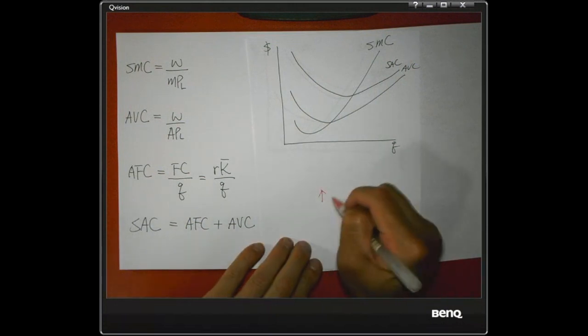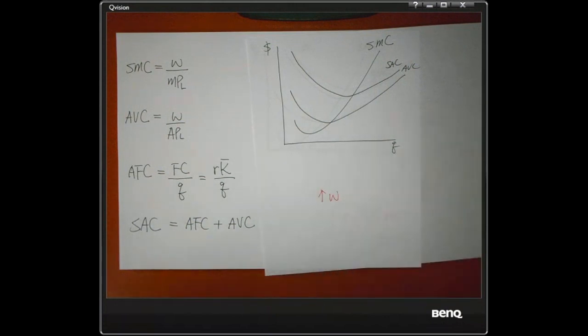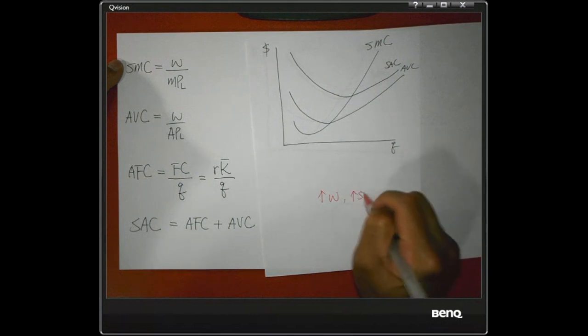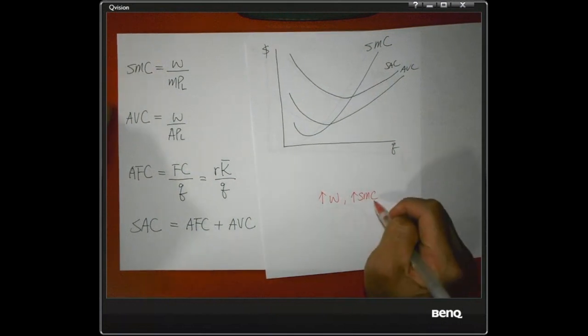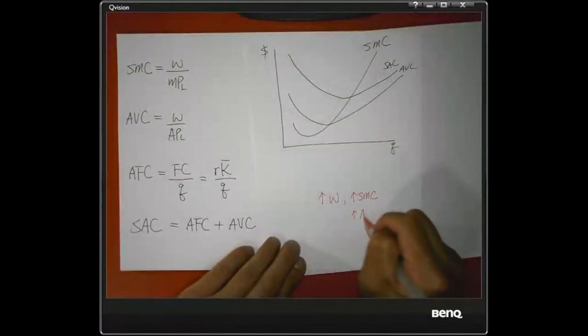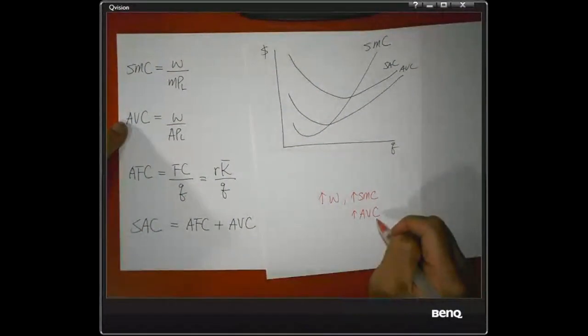Next, when there's an increase in the cost per unit labor input, it is going to affect a lot of things, because first, it appears on the short-run marginal cost. It will increase the short-run marginal cost. Next, it appears on the average variable cost.